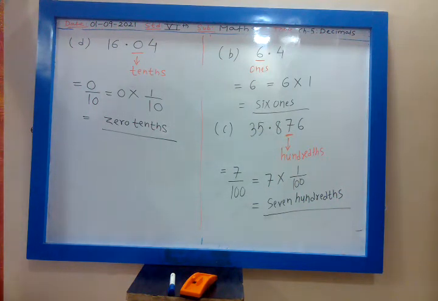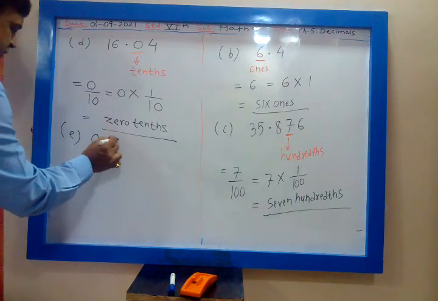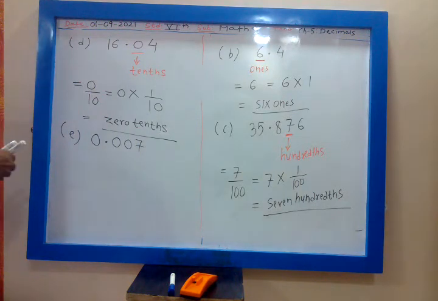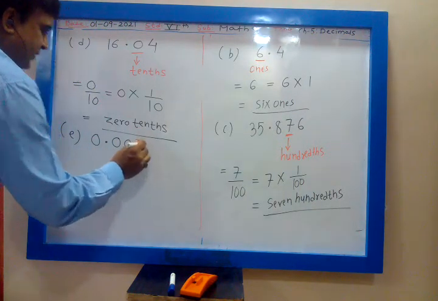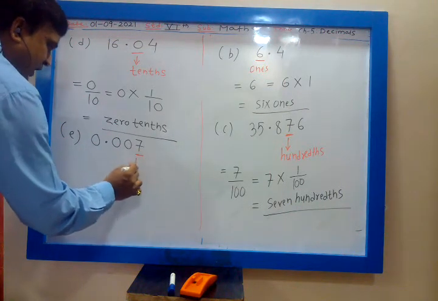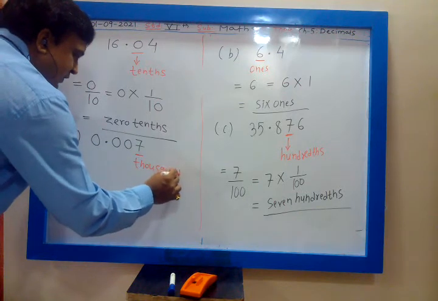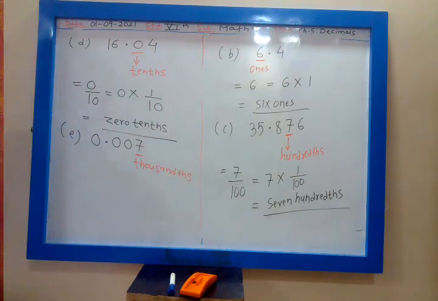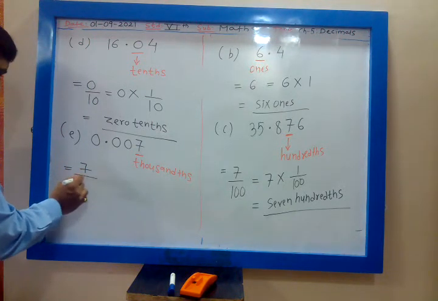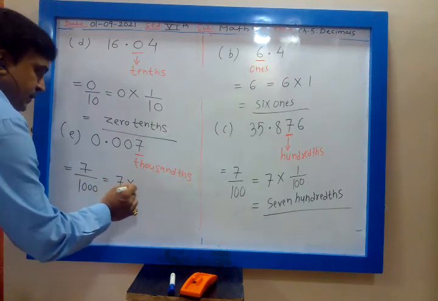Then 0.007. The underlined digit is 7. What is the position of 7? Thousandths. Thousandths means 7 upon 1000, which I can write as 7 into 1 by 1000.